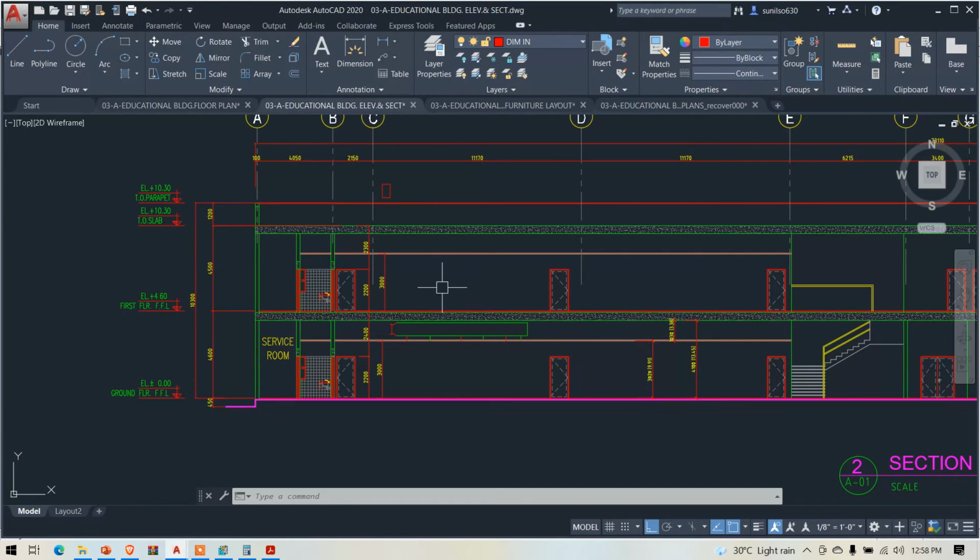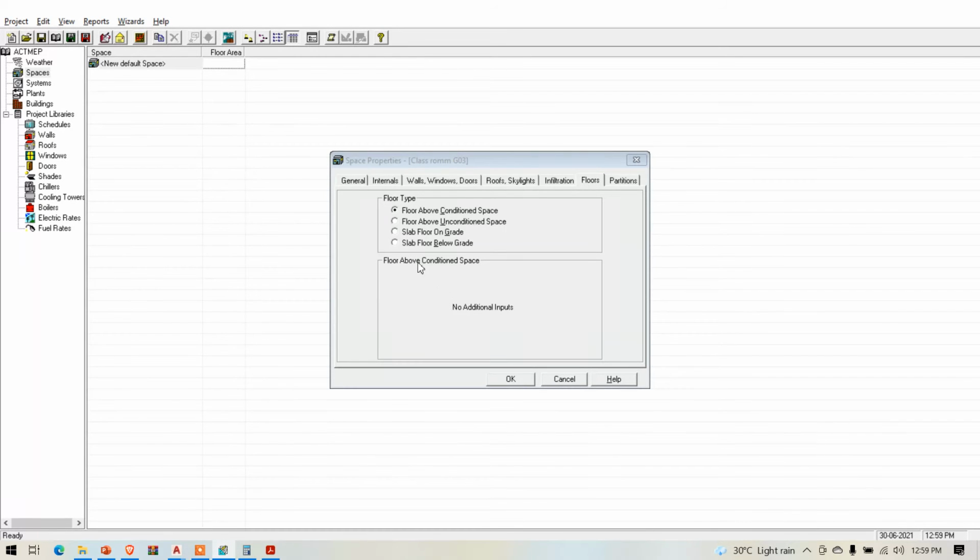But when you are doing the load calculation for your first floor, there is no need to consider any heat there, because cooling already exists. No need to consider any cooling or heat generation there. But here we have to consider this as an unconditioned floor, because definitely from the earth we are getting some amount of heat. So here I am going to take floor above unconditioned space.